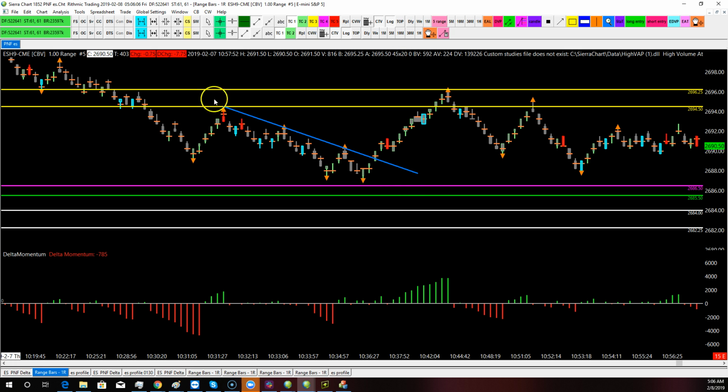So a perfect example would be, I know I'm near support, I'm getting a big push down. See how I don't get any of these little orange signals, basically my algo firing off telling me where I'm getting buyers and sellers. And I'm not looking for the buyers, I'm looking for the sellers to push down. And then I'm simply looking for them to close above these levels, like I did right here, right?